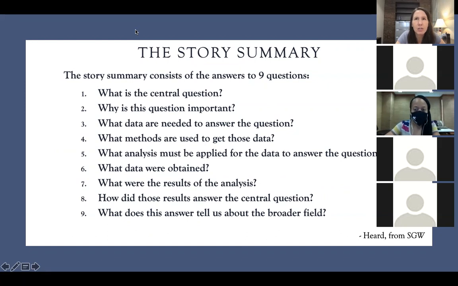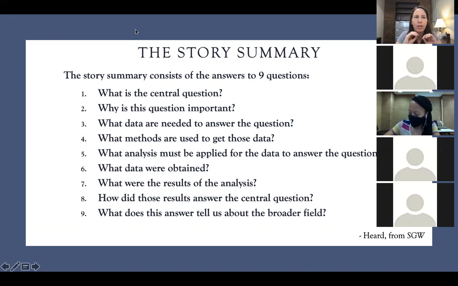Having this direction is also helpful if you are just figuring out what you need to include in your introduction. Even if you haven't completed your research, you'll need to figure out what you're going to include in your introduction and how you're going to set up that research conversation that you're going to join.